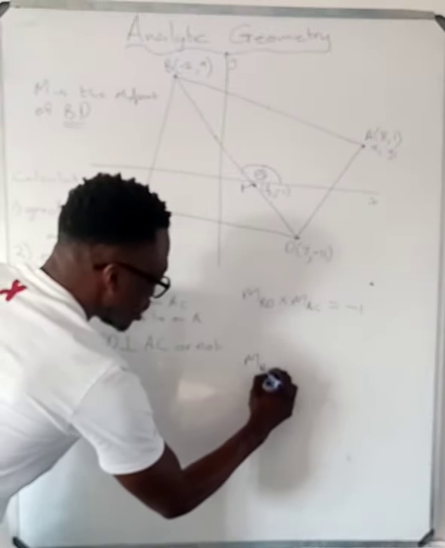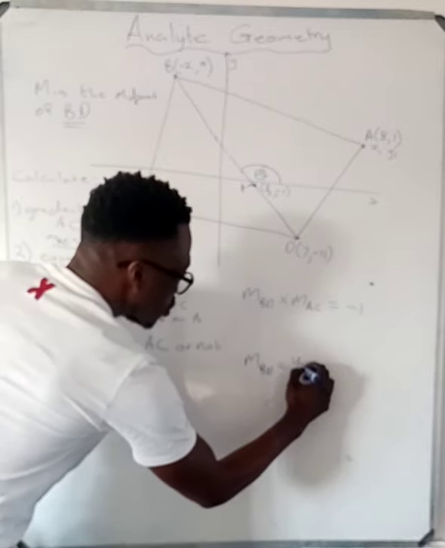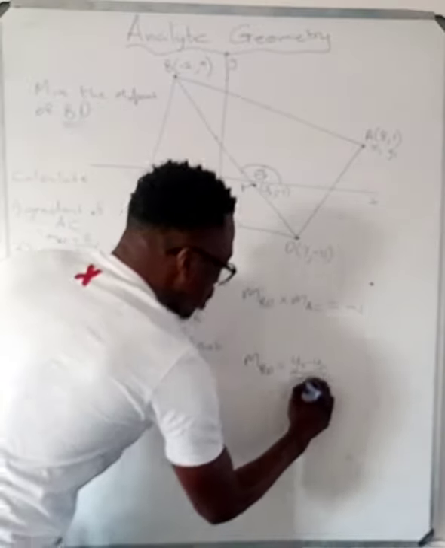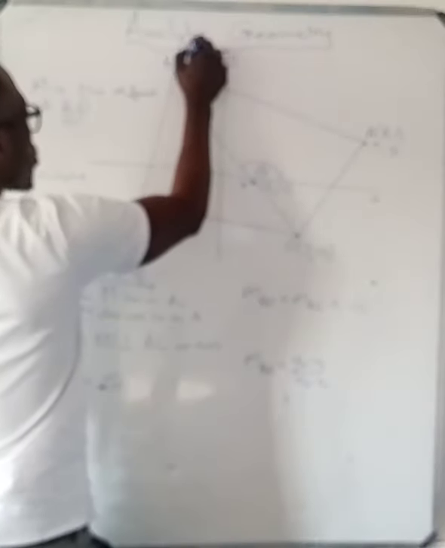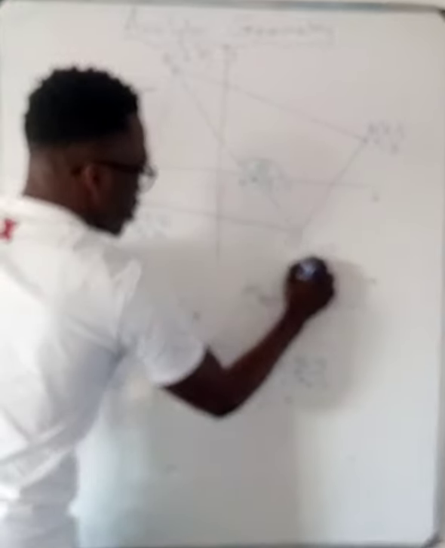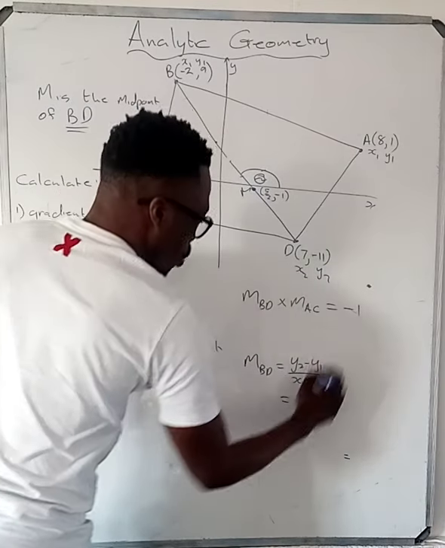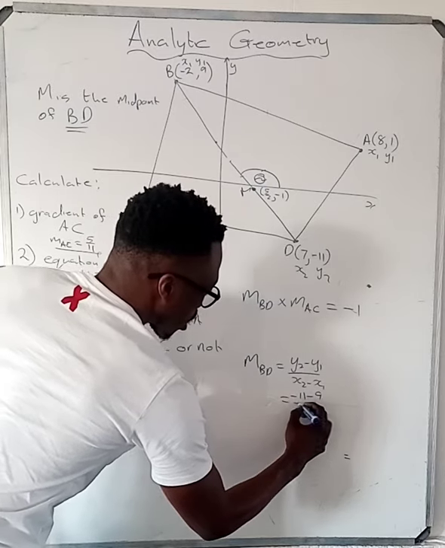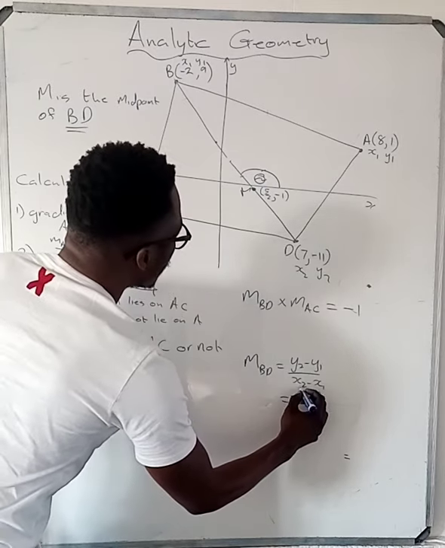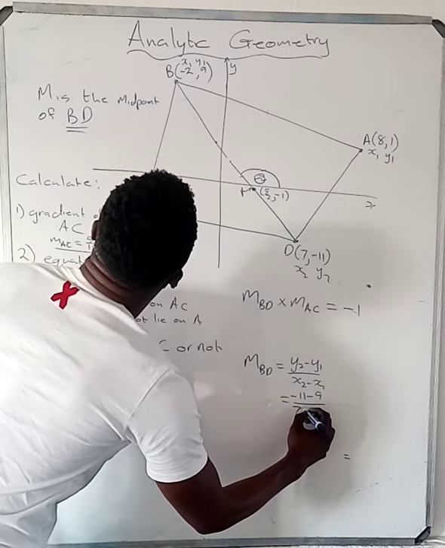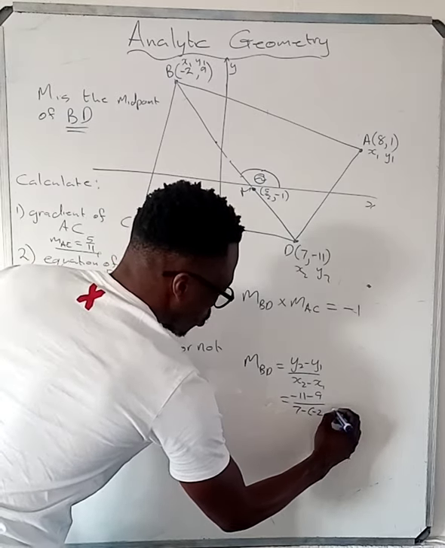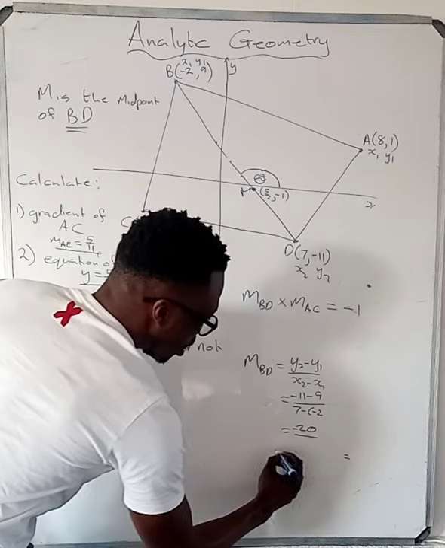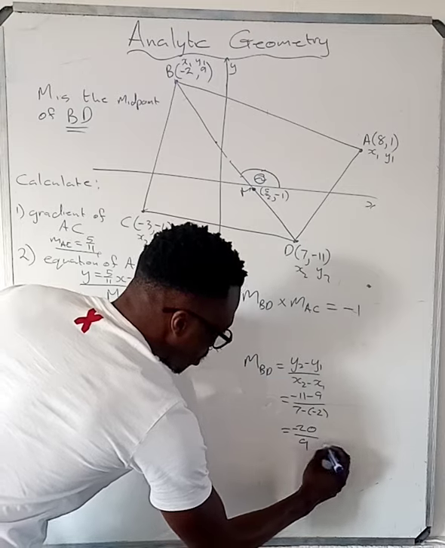So the gradient of BD equals y2 minus y1 over x2 minus x1. So y2 is negative 11 minus 9 over x2 is 7 minus negative 2, which is equal to negative 20 over 9.